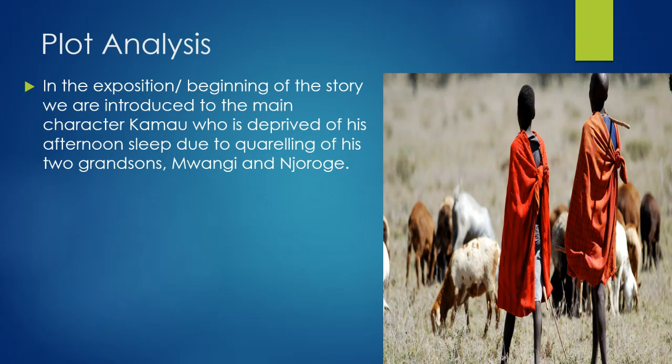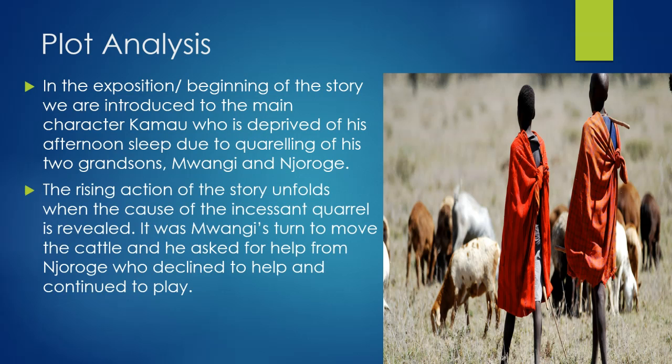So here we see the main character Kamal introduced, and we see that he's been deprived of his afternoon sleep due to the quarreling of his 2 grandsons, Muangi and Njoroge. The rising action of the story unfolds when the cause of the incessant quarrel is revealed.